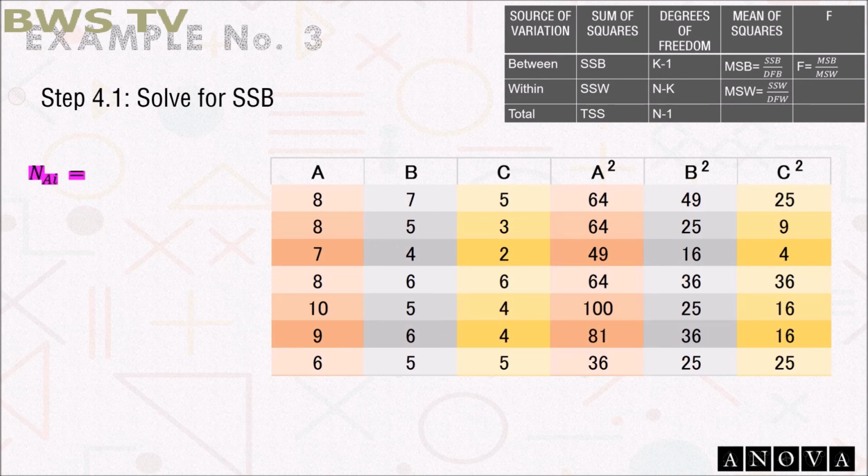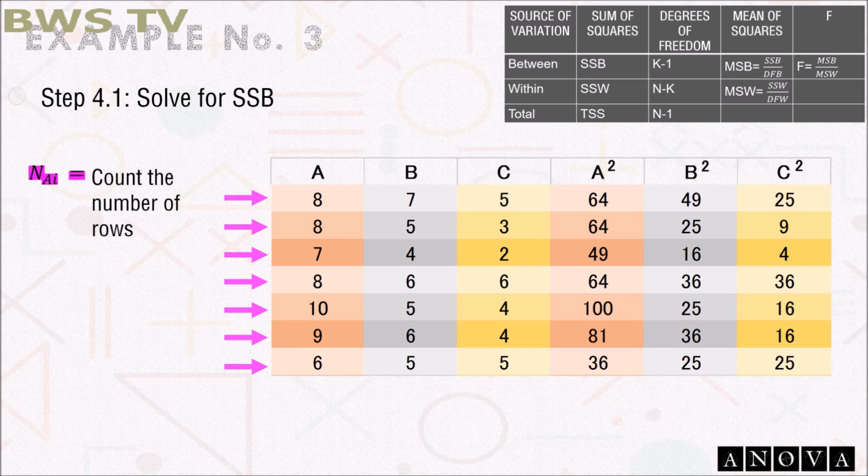So we have an explanation for how we got 7 and 21. So we have n sub ai, which is shown in the formula. We can get this by counting the number of rows, which is 1, 2, 3, 4, 5, 6, 7.